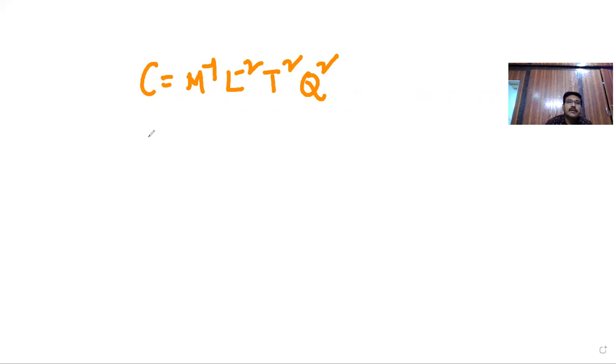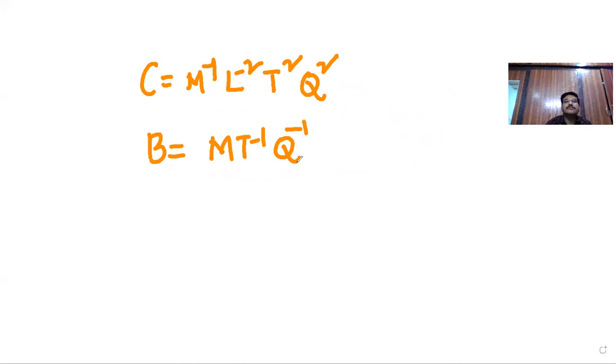The magnetic induction B has a dimension formula of M T minus 1 Q minus 1.